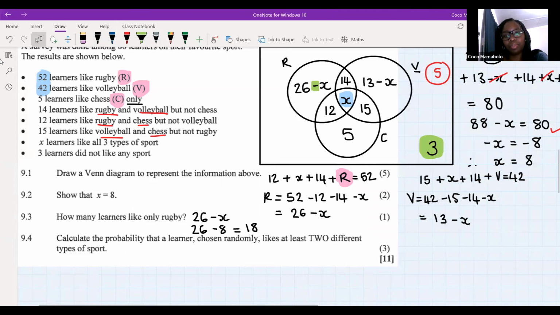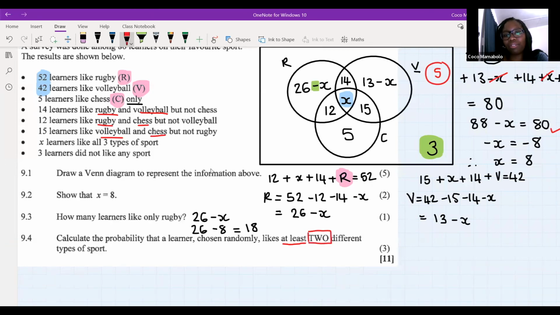Okay, let's look at the last one. It says, calculate the probability that a learner chosen randomly likes at least 2 different types of sport. If we look at the word at least, what does at least tell me, guys? At least 2.